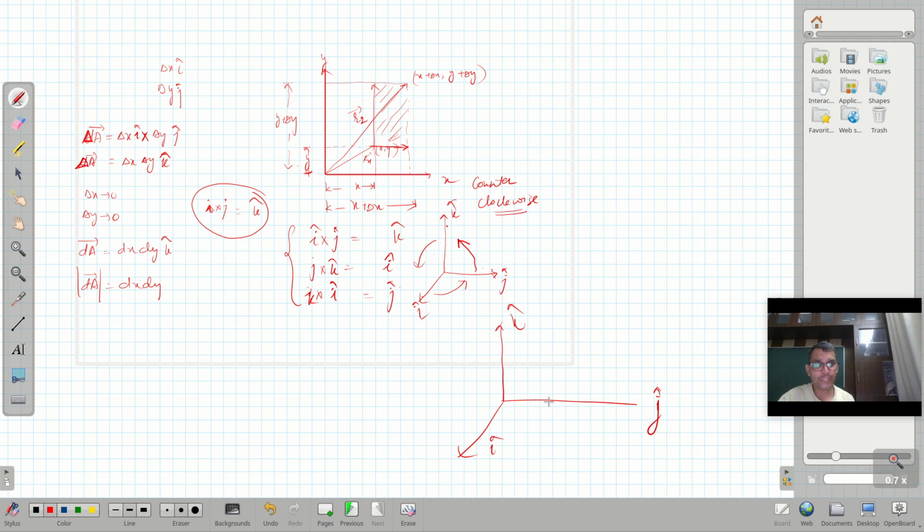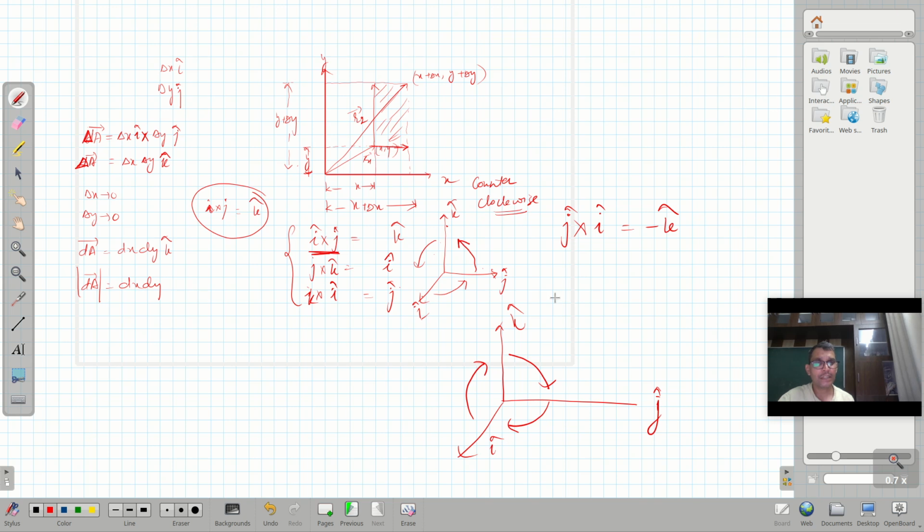So if j is towards i, then it is in the clockwise direction, or i towards k, it is in the clockwise direction, or k to j, it is in the opposite direction. Say it is j cross i, in the clockwise direction, and its order is opposite to this. i cross j is here, and here it is. So it is in the negative of this direction. Then it is minus k.